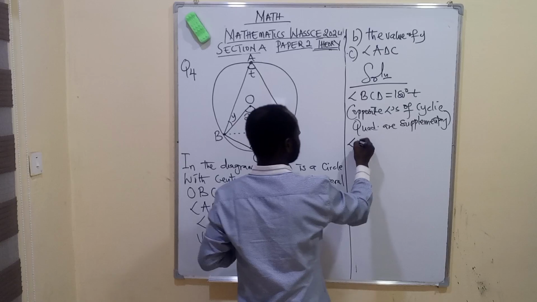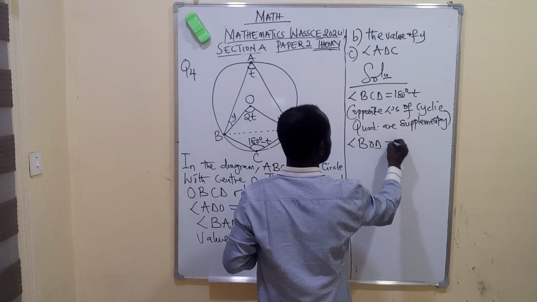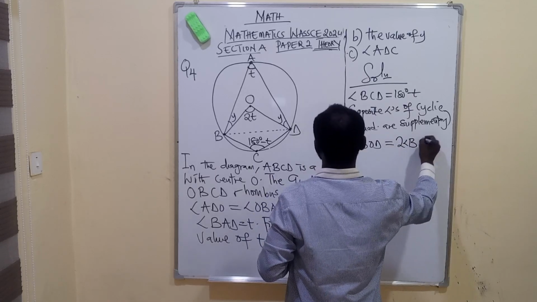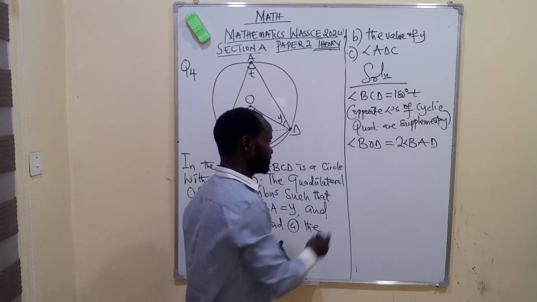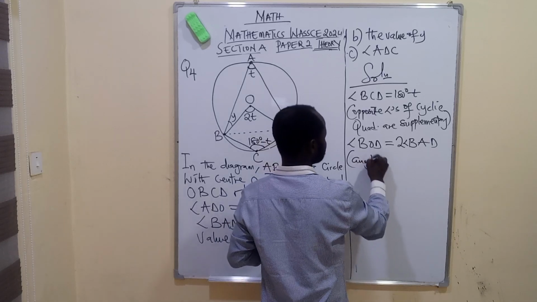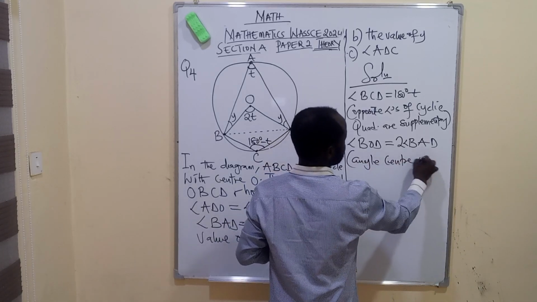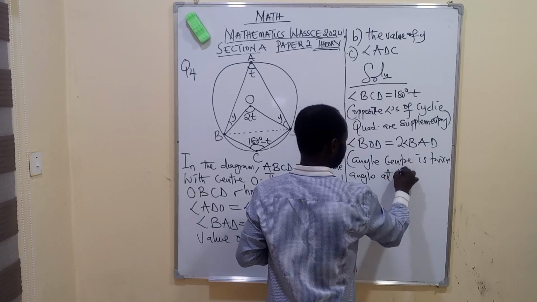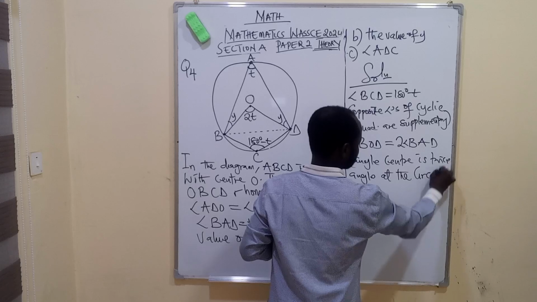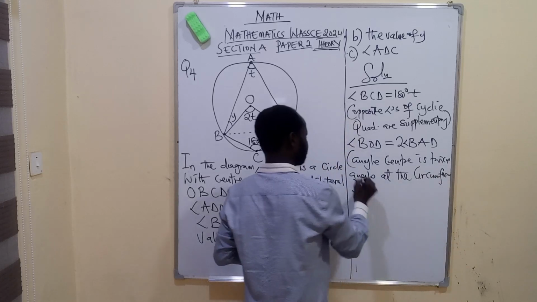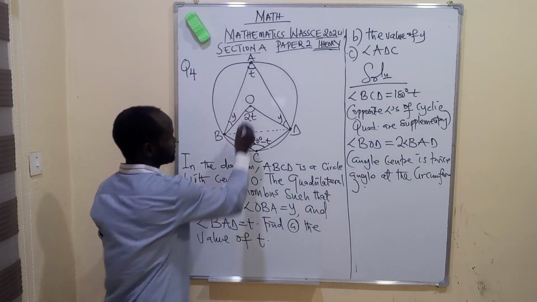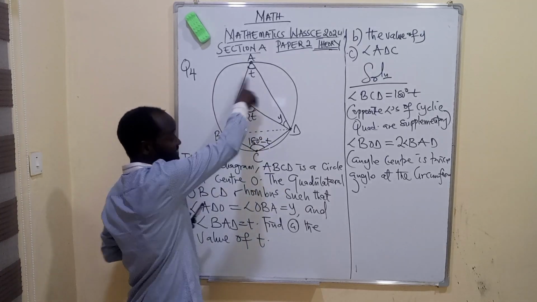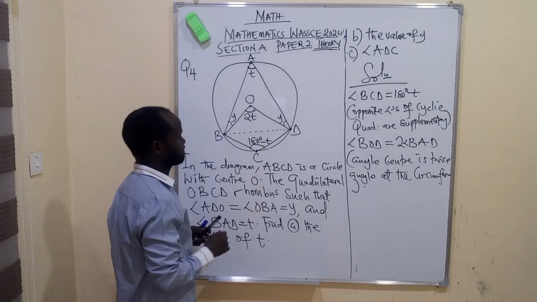Reason: angle BOD equals twice angle BAD, because the angle at the center is twice the angle at the circumference. We have T at the circumference, so 2 times T will be 2T.